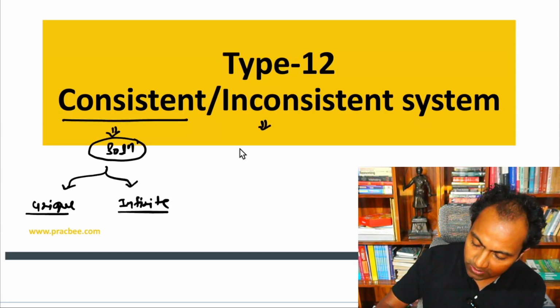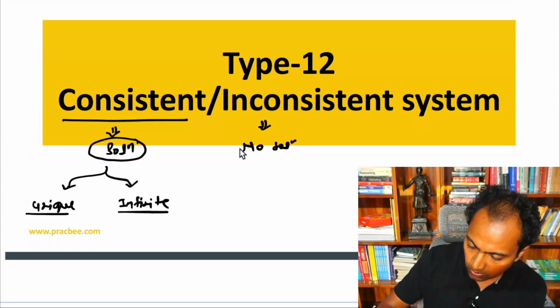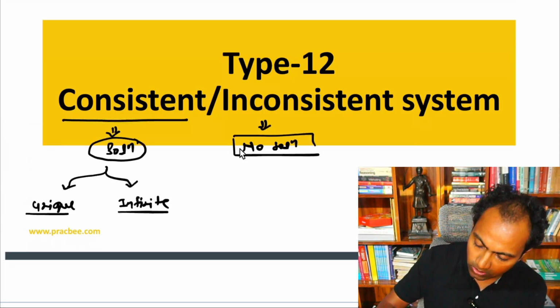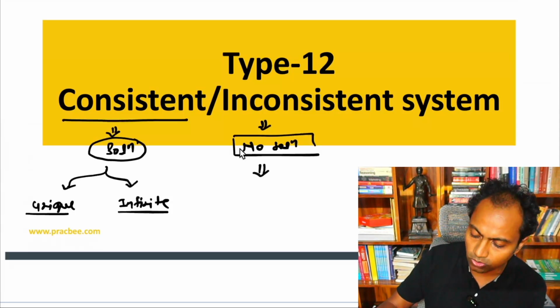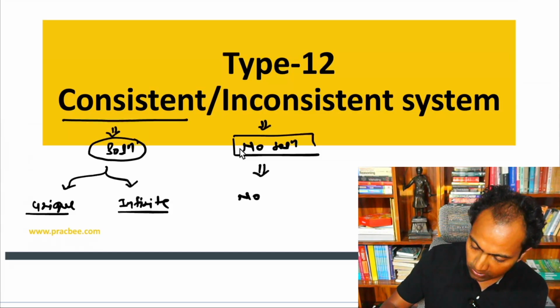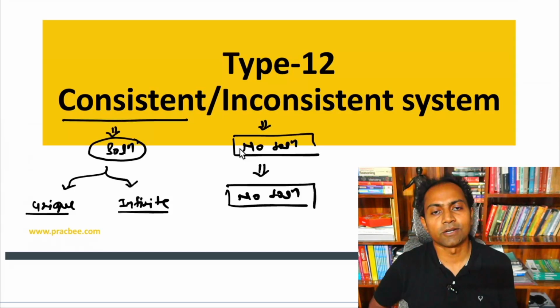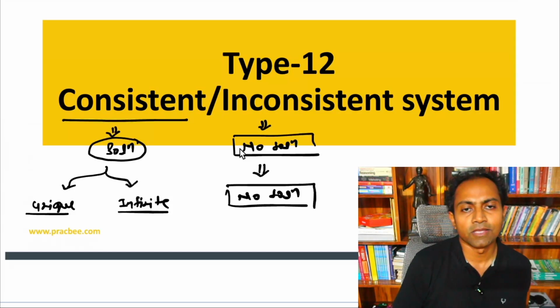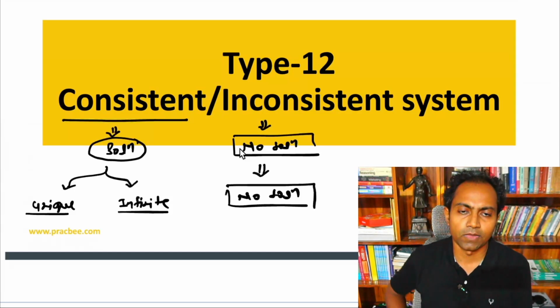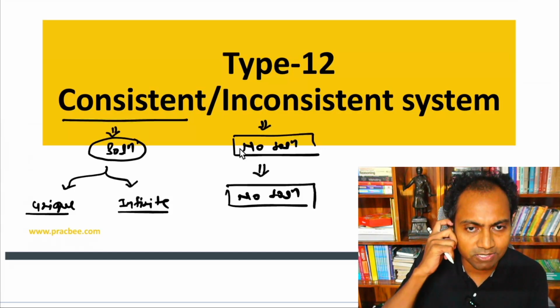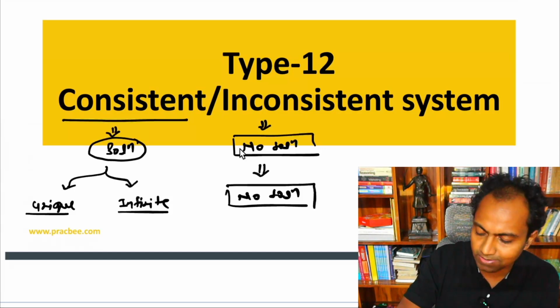Inconsistent would mean the system has no solution. You can see that this will give you the condition corresponding to no solution. So this is the same as asking a question that for what conditions will the given set of equations have no solution. You can see that this ultimately breaks down into a similar construct as earlier.